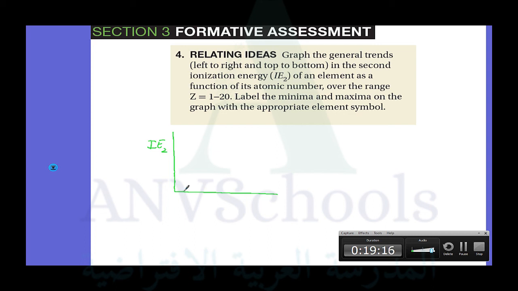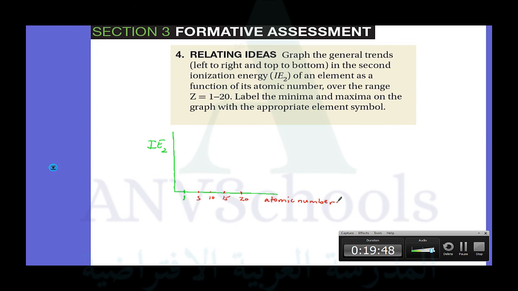Let's assign atomic number 1, 5, 10, 15, and 20. So this is atomic number versus second ionization energy for different elements.